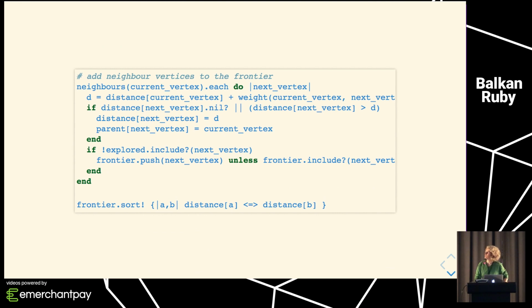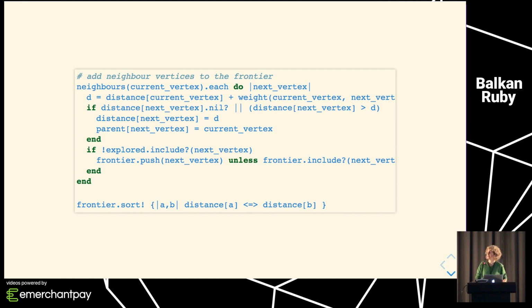For each one of the vertices, we calculate the cost, which is the distance to this vertex from the source one, plus the weight of the edge that connects the current vertex with its neighbor. During this process, we also save the shortest distance that we have found for each vertex in this distance list.